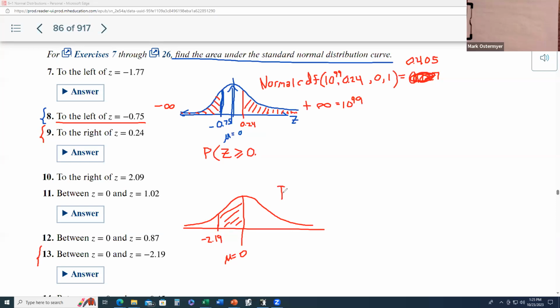Or they want you to find this probability. There you go. Go ahead and do that.